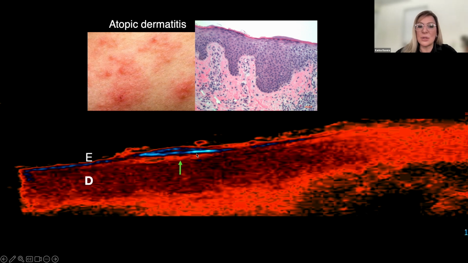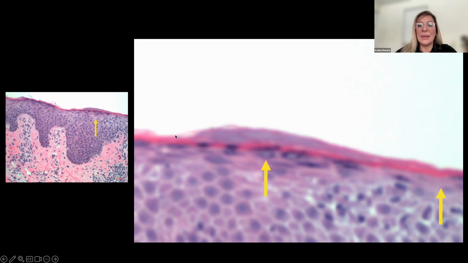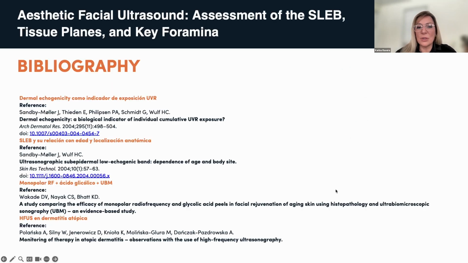This is inflammation in atopic dermatitis. And in this case, we can observe the same inflammatory cells located under the epidermis. And in this area where the skin is normal, we cannot see these cells. So that's why we can analyze very well the distribution of the inflammation under ultrasound examination.